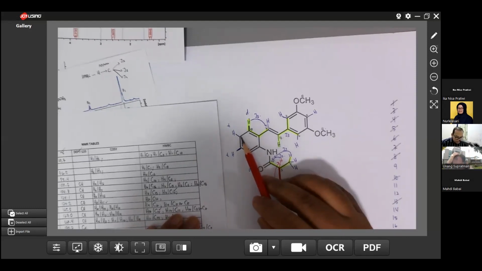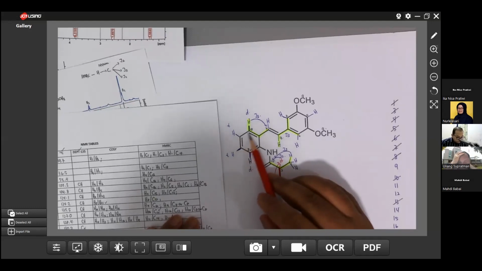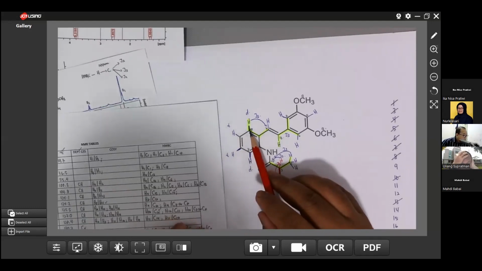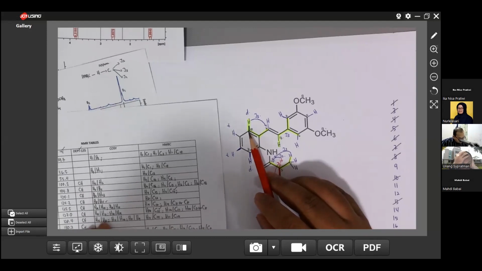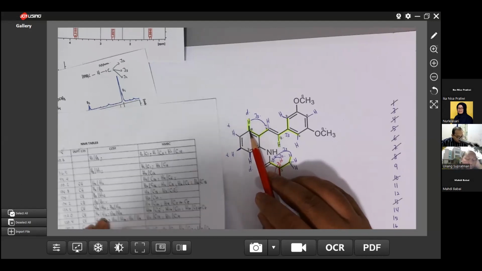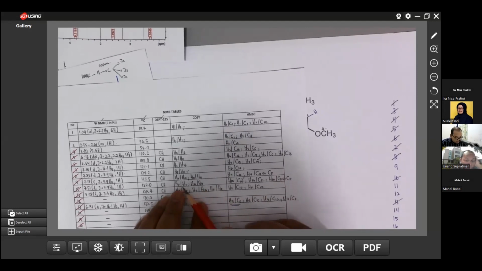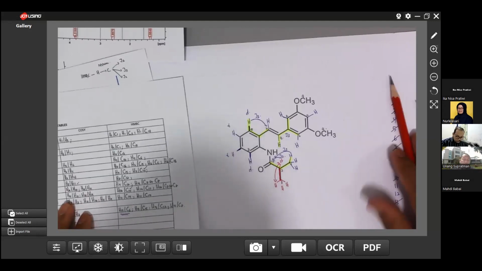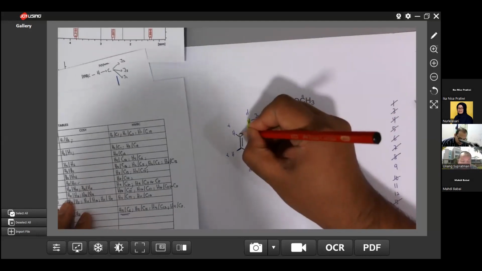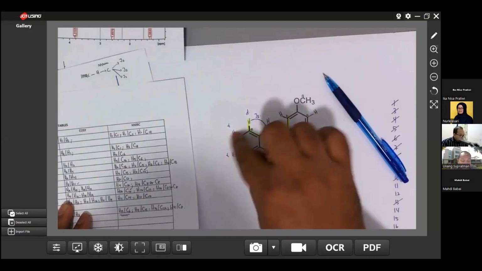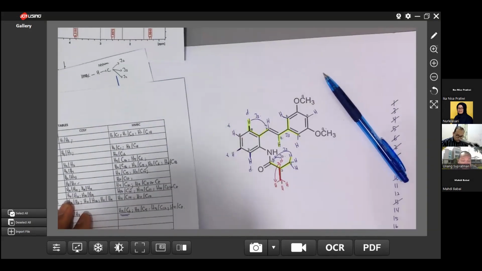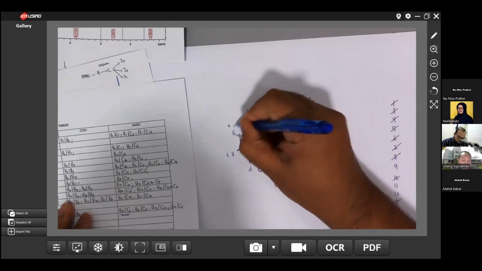Okay, check the COSY. Based on COSY, we can see the correlation between H10 and 11. So if we put 11 here, it makes sense because it's a correlation between 2 protons.